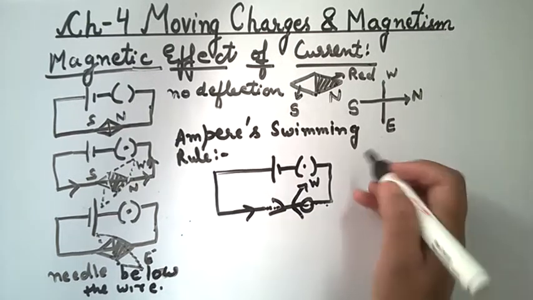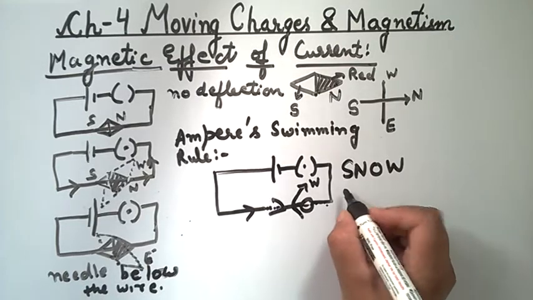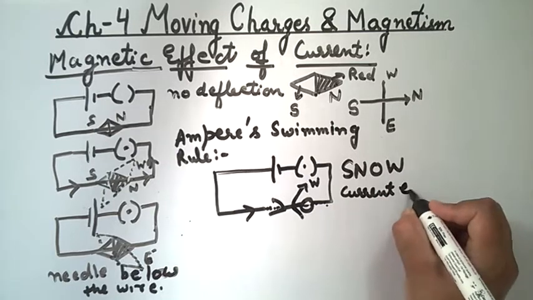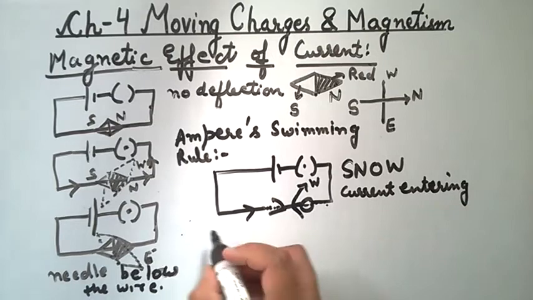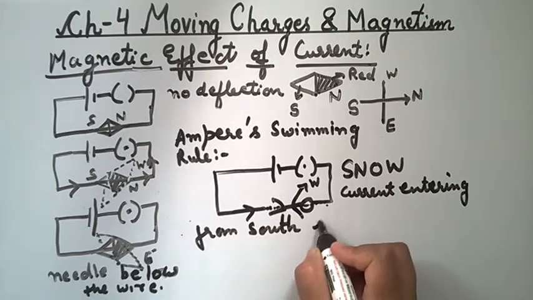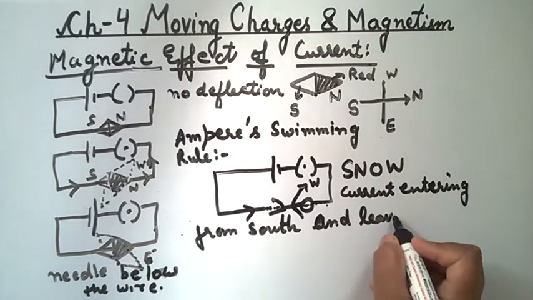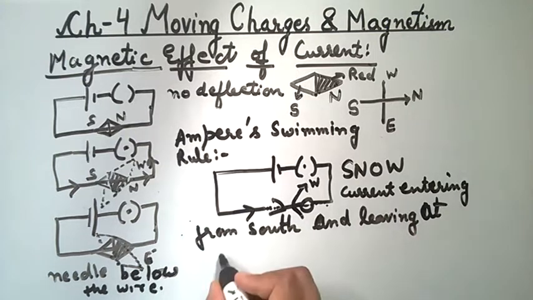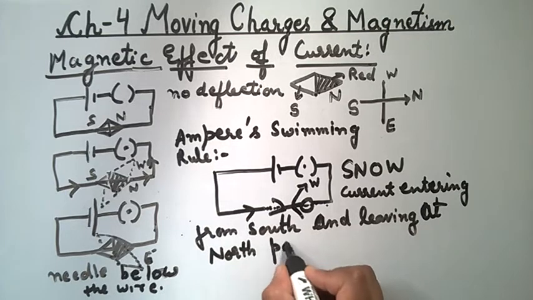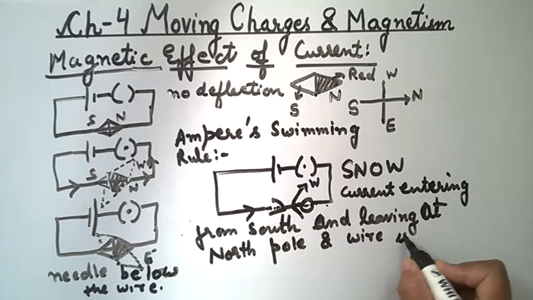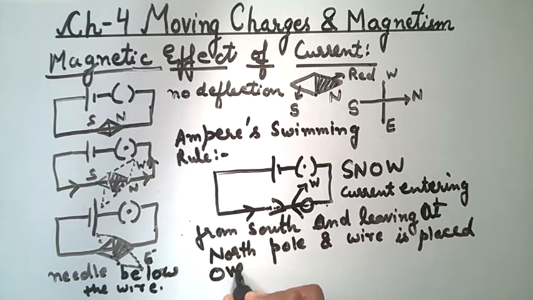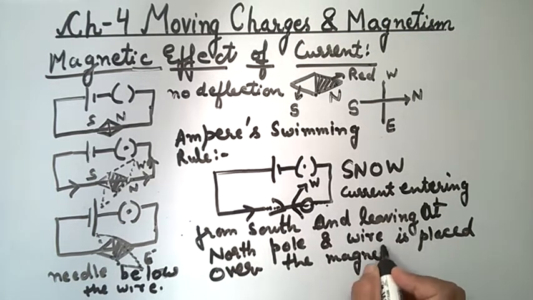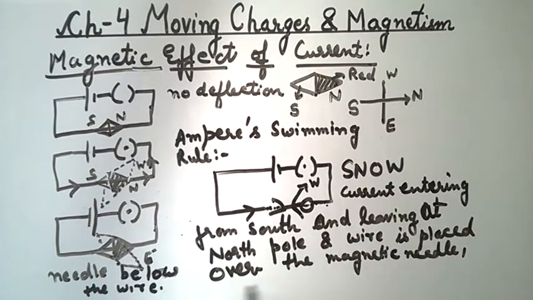This can be remembered by the word SNOW, that is, when current is entering from south to north and wire is placed over the magnetic needle or a person, the needle shows deflection towards west.